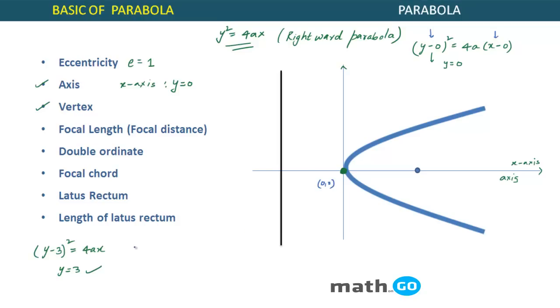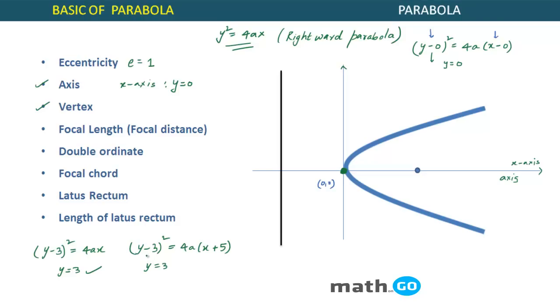All right. Had it been that the equation of the parabola was given to be something like y minus 3 whole square equal to 4a, let's say, x plus 5, right? Then what will be the equation of the axis? We did this, y equal to 3, right? And what will be the vertex then?